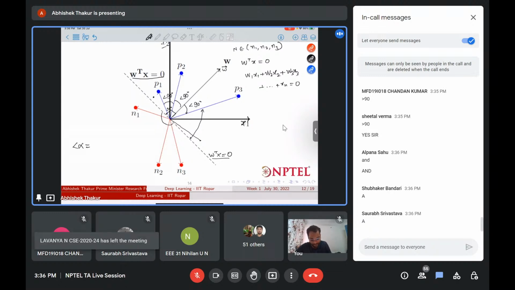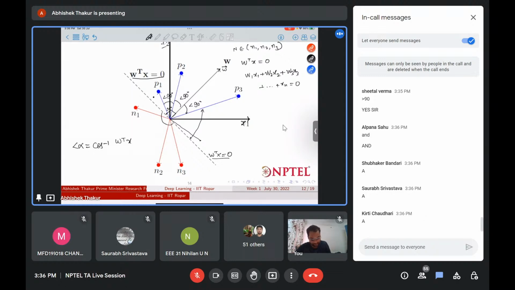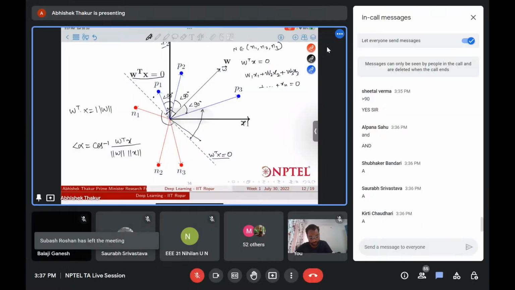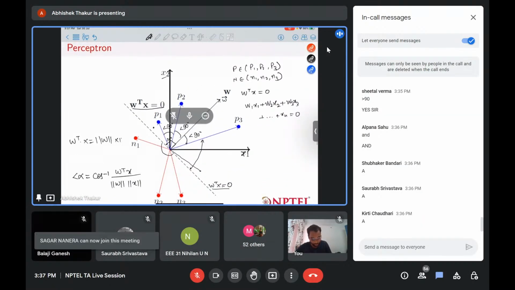Angle alpha between W and X is equal to cos inverse of W^T X divided by the normalized W and X, because we know that the dot product W^T X is equal to mod of W, mod of X, into cos alpha.